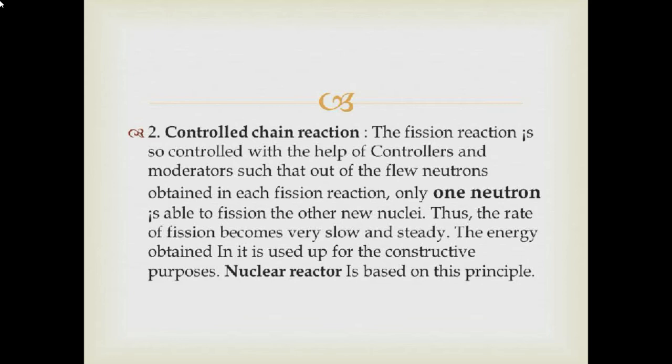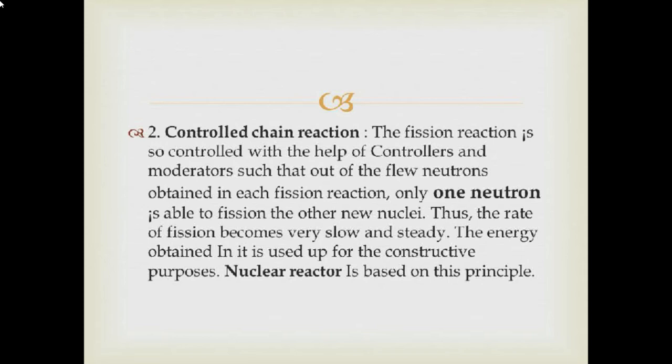Out of these three neutrons, two neutrons are disabled by the use of controllers and moderator, and only one is allowed to carry on the further reaction. So it can be controlled. The reaction is very slow and steady, and this is used in nuclear reactors. In the generation of electricity also, this type of technology is used. So in order to control the chain reaction, they make use of controllers and moderators.